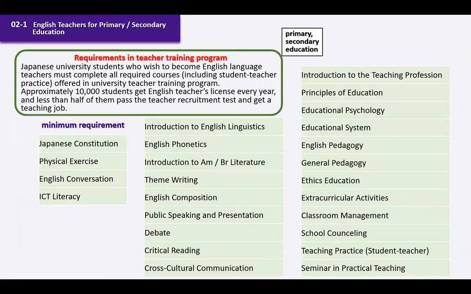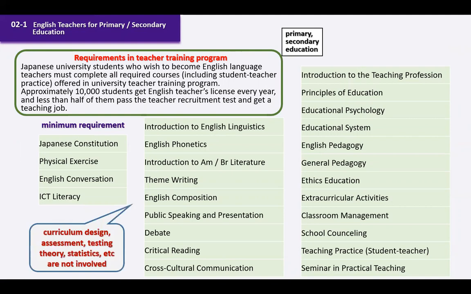These are examples of the subjects that the teacher training programs require for university students to become primary and secondary English teachers. However, they do not include courses in curriculum design, learning assessment theory, teaching theory, or even statistics.